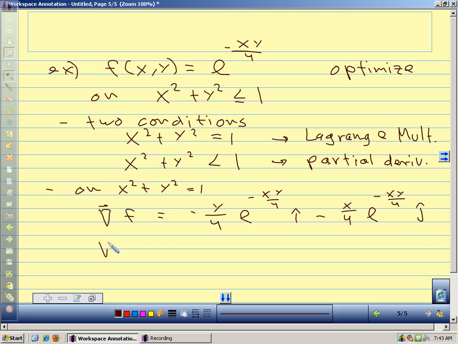And del g, our constraint, x squared plus y squared equals 1. Del g is 2x i plus 2y j.